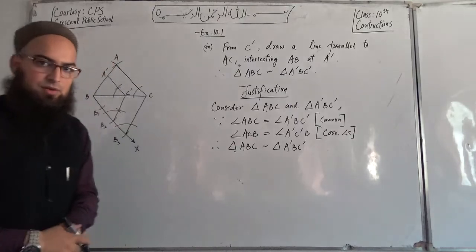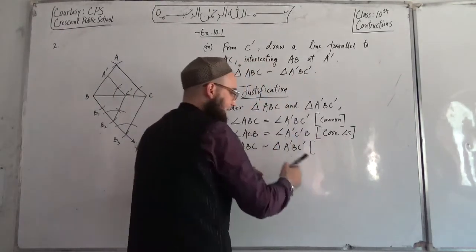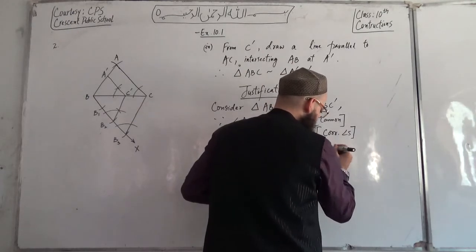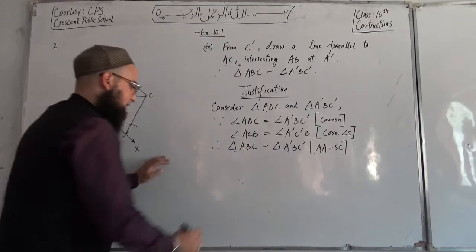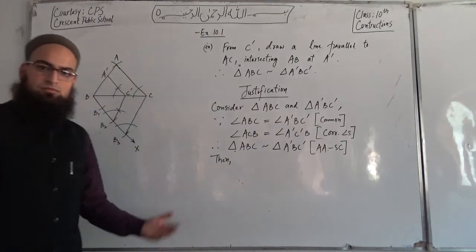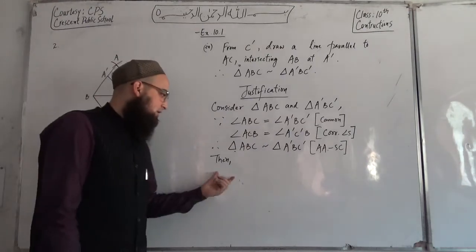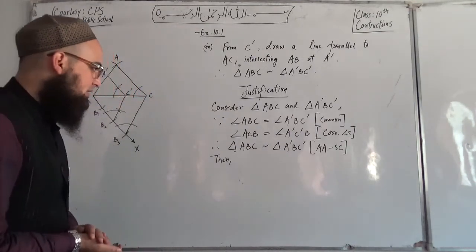So half of our job is done. Triangles are similar by angle-angle similarity criterion. You have read in triangles that when two triangles are similar, their corresponding sides are in proportion.